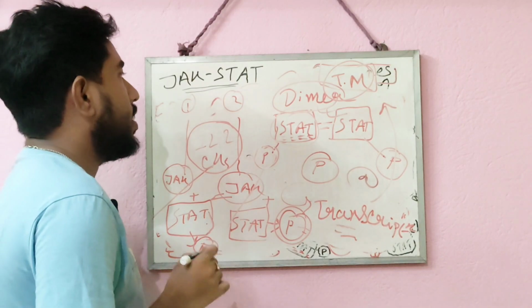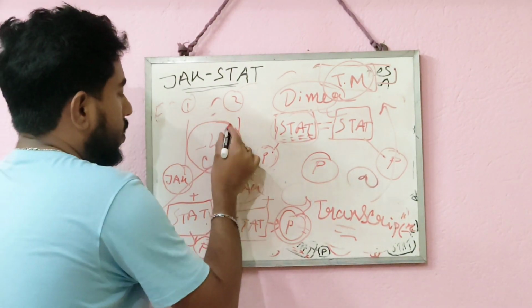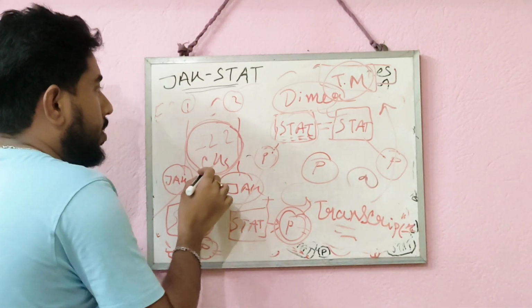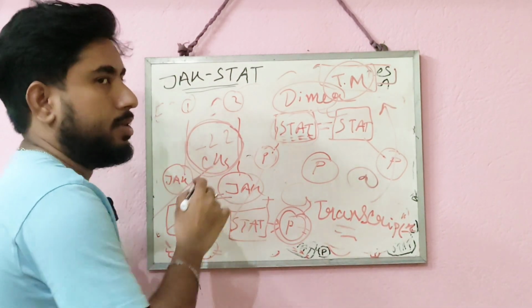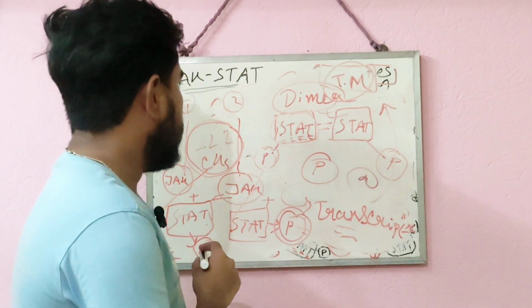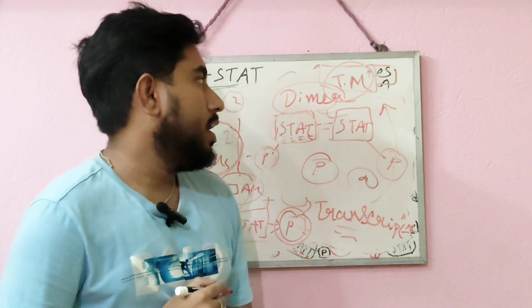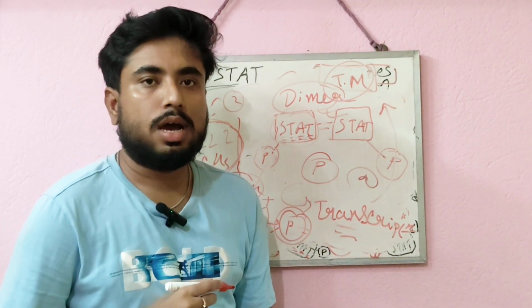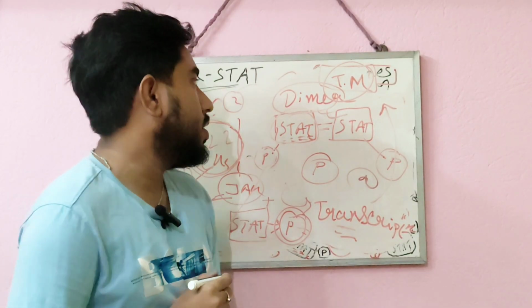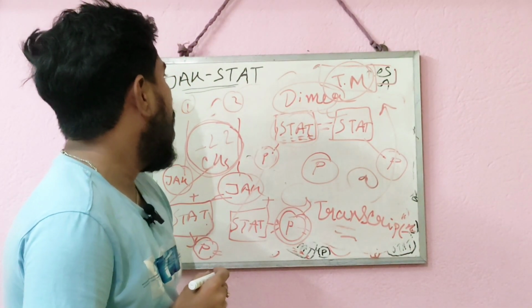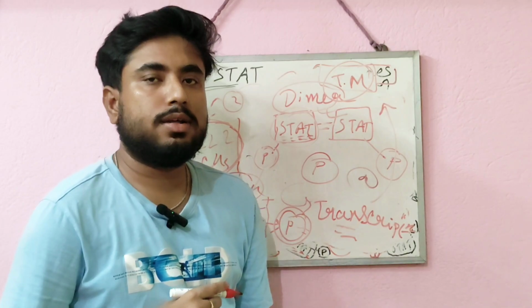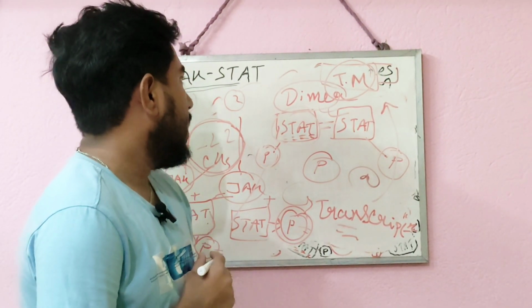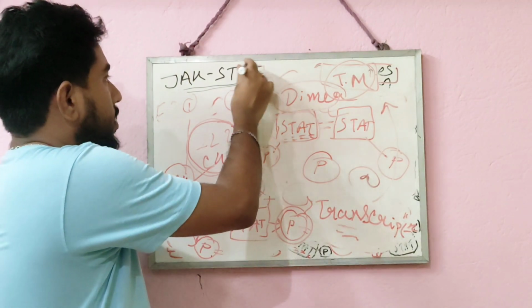And I also told you some examples of Jak-Stat, interleukin 2 and cytokine receptors, which come under Jak-Stat receptors. So I have explained what Jak-Stat is, what its main structure is, how it acts, what the mechanism of action is, and how it is the same or different from the ion channel receptor and enzyme linked receptor.